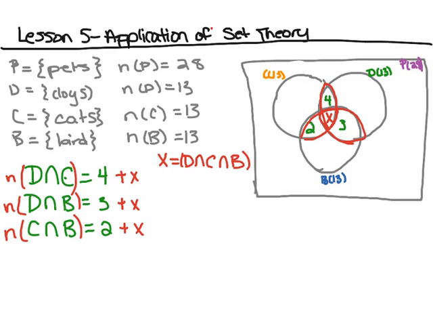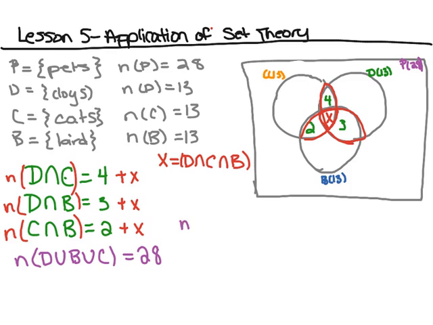So those are our intersections. We also know a really important piece of information. We know the number of people who have dogs or a bird or a cat is everything in our circles, and we know that number to be 28. So we can use our formula. Now this is going to get messy because it's a lot of writing.